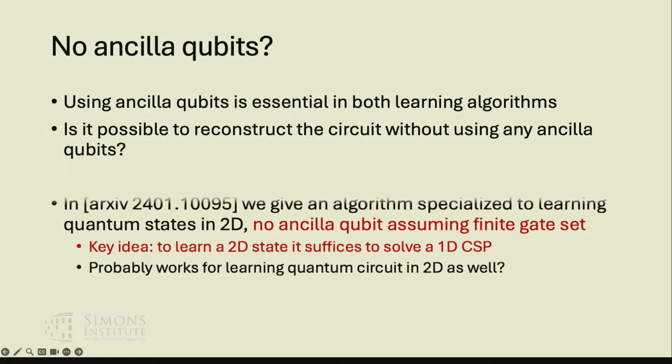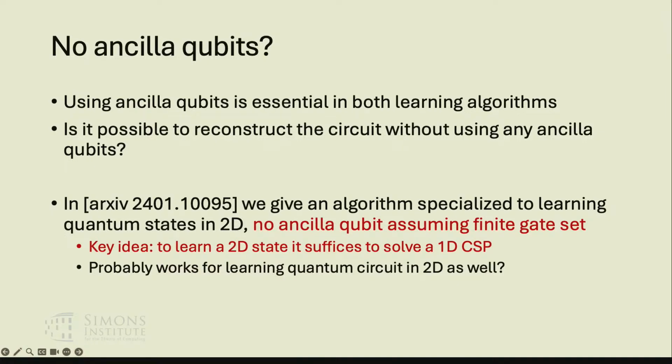In this first paper, we also have an algorithm for learning quantum states in 2D that doesn't use any ancilla qubit, assuming a finite gate set. The key idea is to observe that to learn this state, it suffices to solve a one-dimensional constraint satisfaction problem, which is efficient. Maybe it also works for learning a quantum circuit in 2D. It's plausible, we didn't do it. So that's what we know.